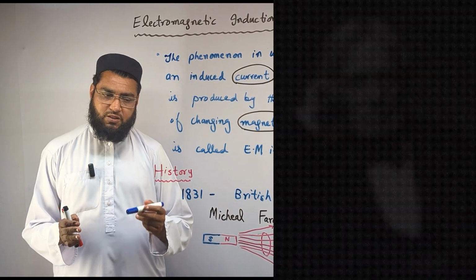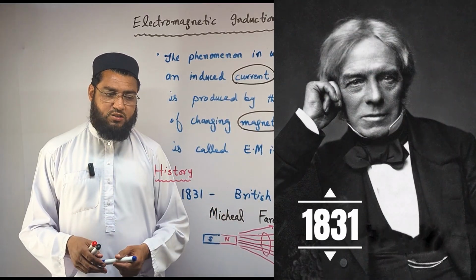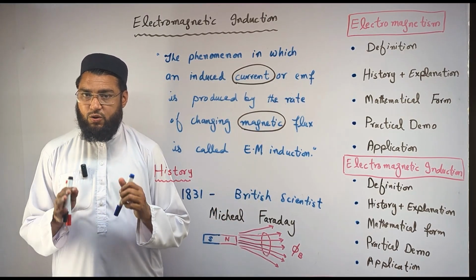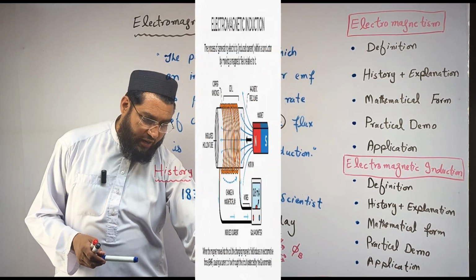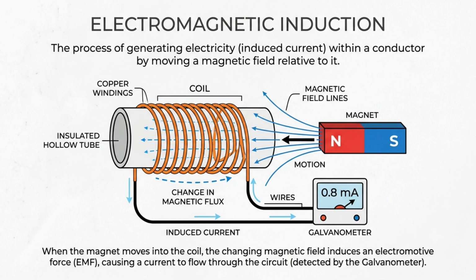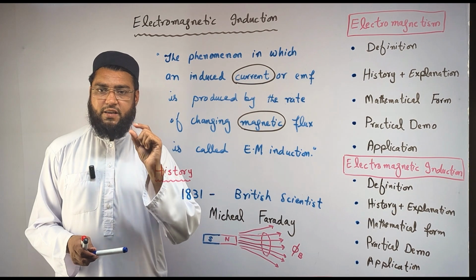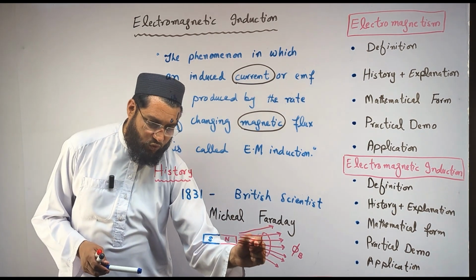This phenomenon was presented by Michael Faraday in 1831. Michael Faraday was a British scientist, and he noticed that when a coil is placed near a magnet and we move the magnet forward and backward, an induced current or EMF is produced in this coil.